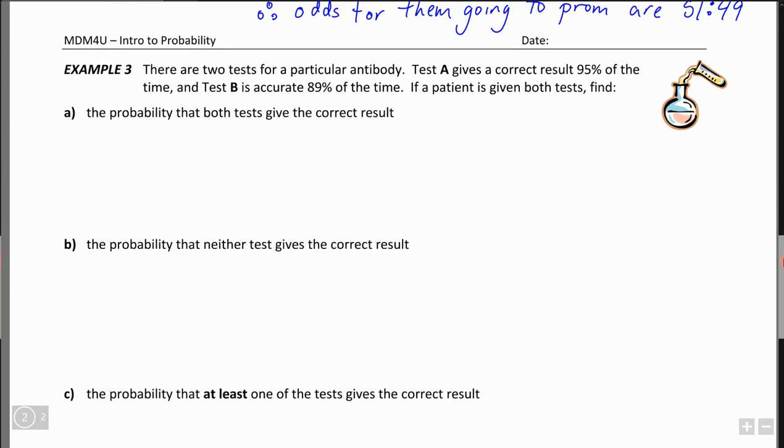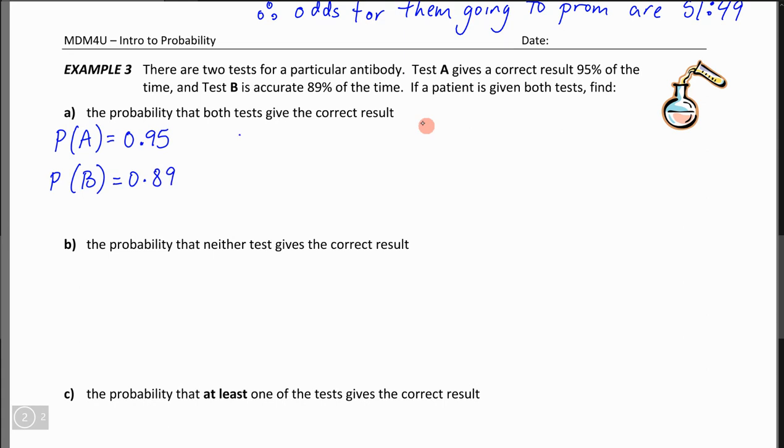Okay. Example number 3. There are two tests for a particular antibody. Test A gives a correct result 95% of the time, and test B is accurate 89% of the time. If a patient is given both tests, find the probability that both tests give the correct result. So the probability of test A is 0.95, and the probability of test B is 0.89.